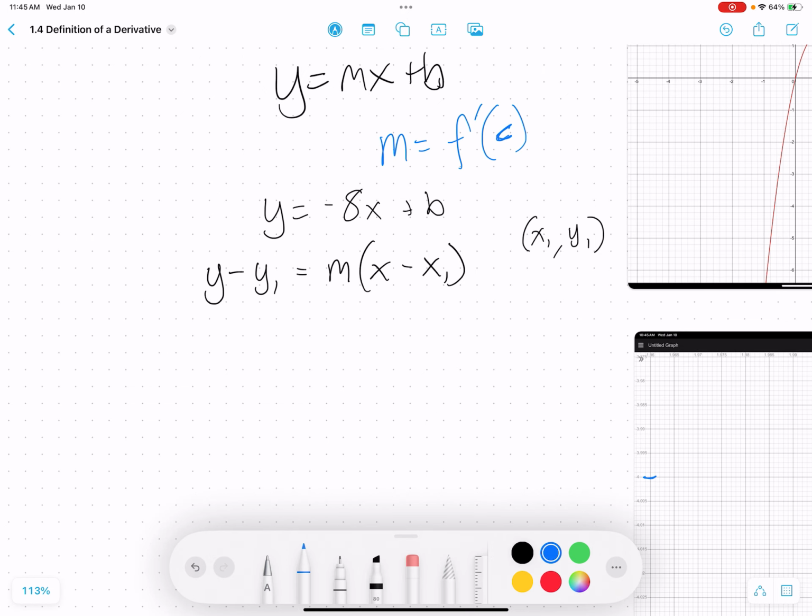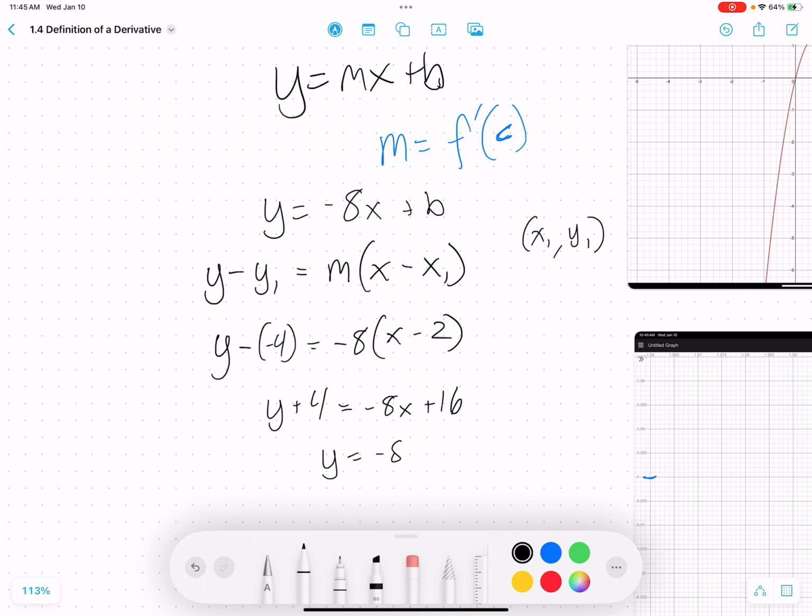So using point-slope form, I can get this equation fairly quickly: y minus -4 equals my slope, -8, times x minus 2. So I get y plus 4 equals -8x plus 16, and then I can solve for y and get -8x plus 12. And that's my equation for my tangent line.